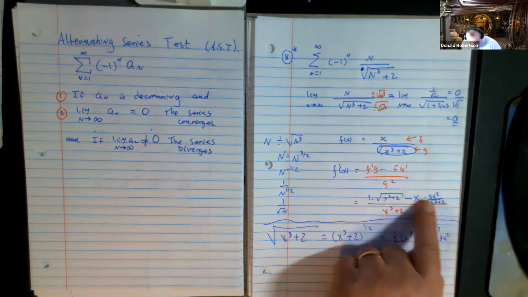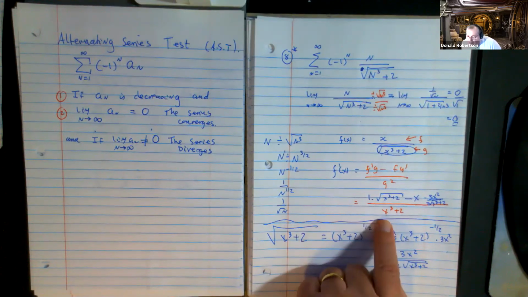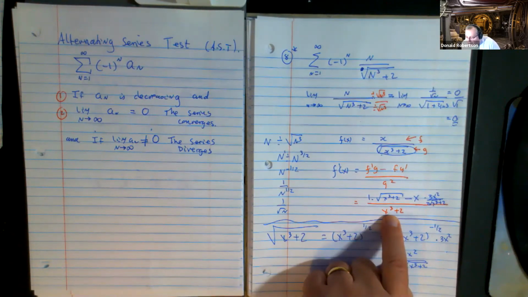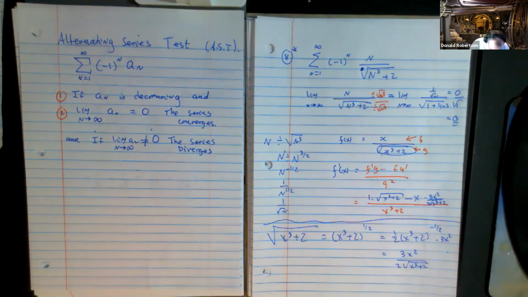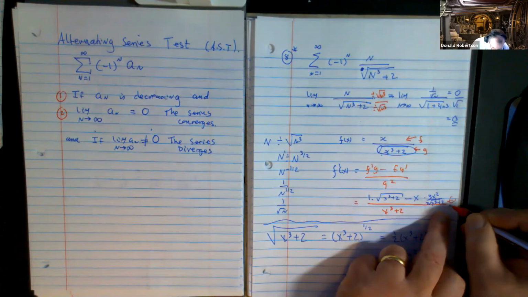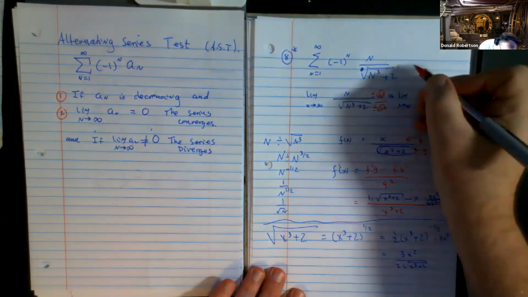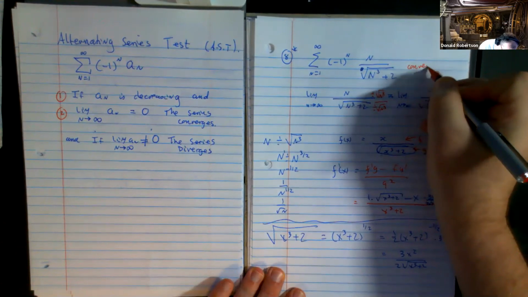So does it not make the top negative? And isn't x cubed plus 2 going to be positive as long as x is reasonably big? And so you've got the classic negative on the top, positive on the bottom. So it decreases, and we have finished the job.